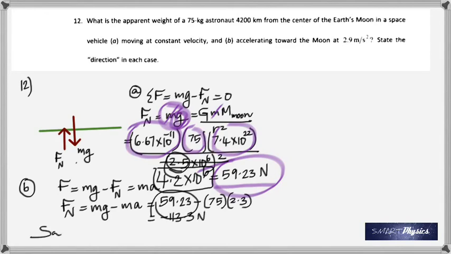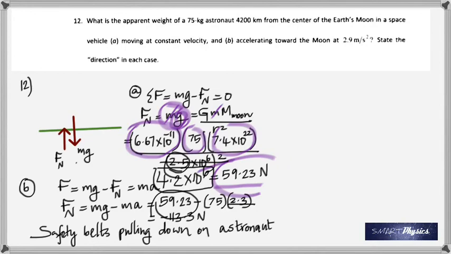Now mg is already 59.23, so all you have to do is subtract 75 times 2.9, mg minus ma, which gives a negative force. That means the seat belts are pulling down on the astronaut. Instead of the normal force being away from the person, it's actually in the opposite direction, keeping them there.